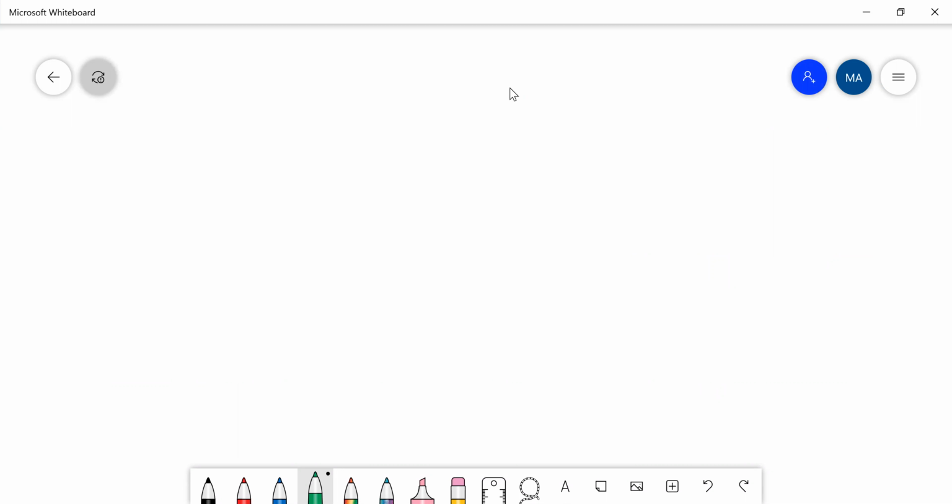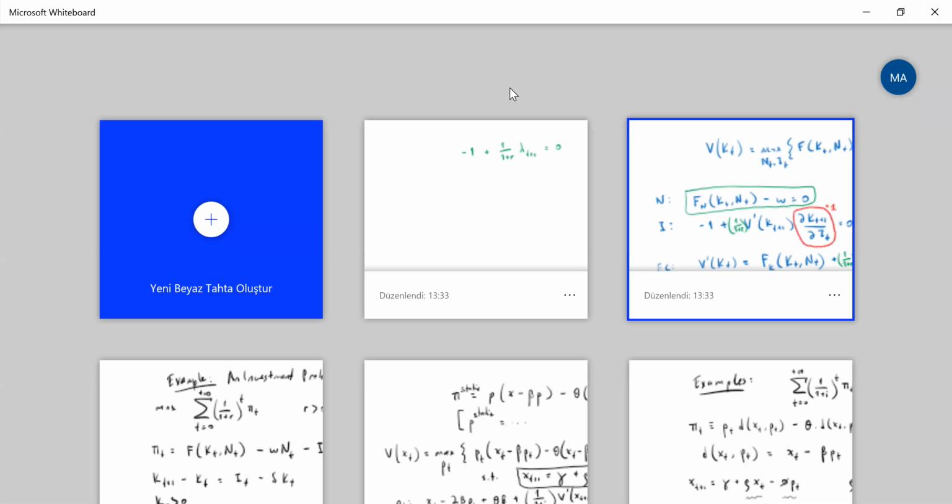So first, you have minus 1 plus 1 over 1 plus r lambda_{t+1} equals 0, right? Something like this, I guess.